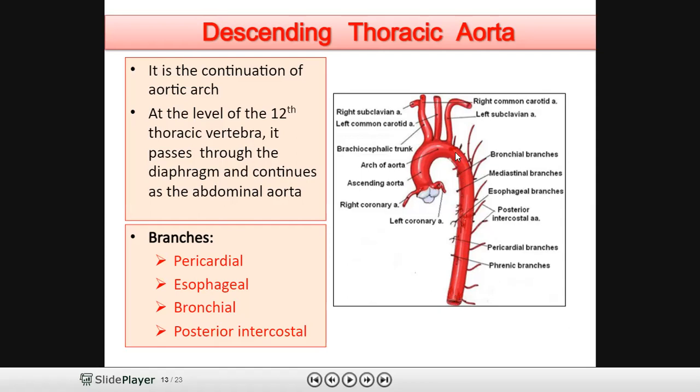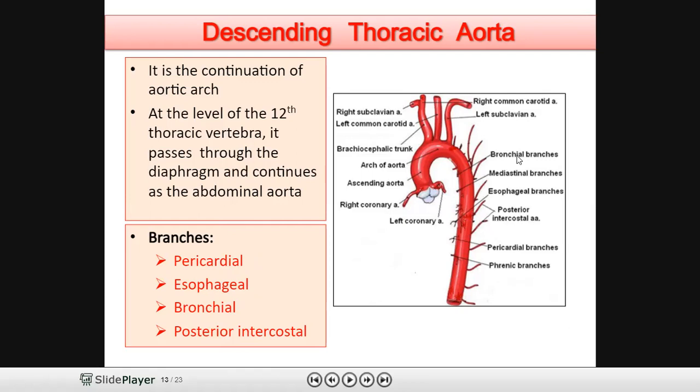So know that both thoracic aorta and abdominal aorta are descending, they are coming downward. Now, what are the branches of the descending thoracic aorta? They are the pericardial branches, or the pericardial arteries, the esophageal arteries, the bronchial artery, and the posterior intercostal artery.